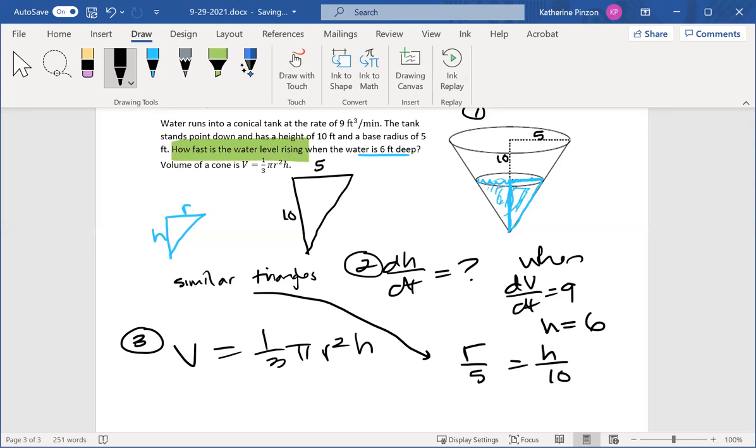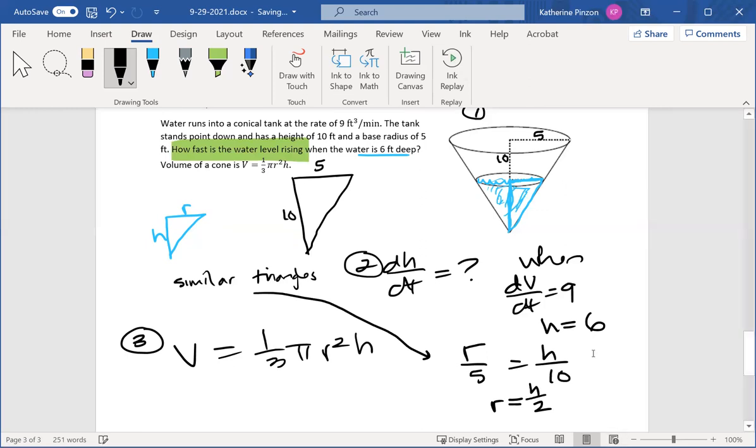So the radius over the radius of the whole cone is the height over the height of the whole cone. Can you solve for r? Yes. How? Cross multiply, or just multiply both sides by 5 would be easier, right? And we get 5h over 10, the same as h over 2.